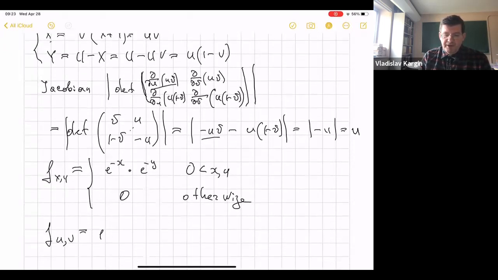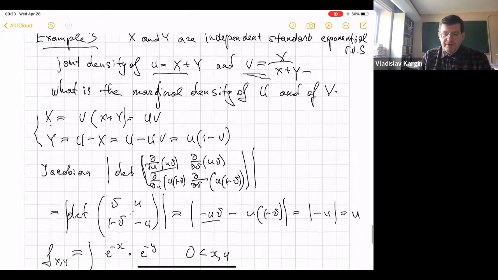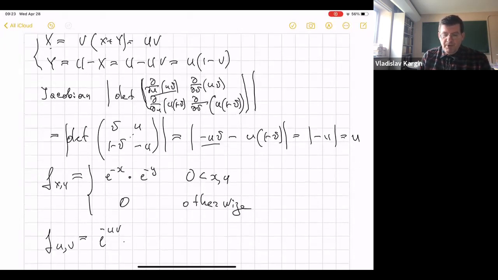So it's equal to e to the minus uv multiplied by e to the minus u(1 minus v). Calculating it, minus uv and plus uv cancel, so it's e to the minus u.